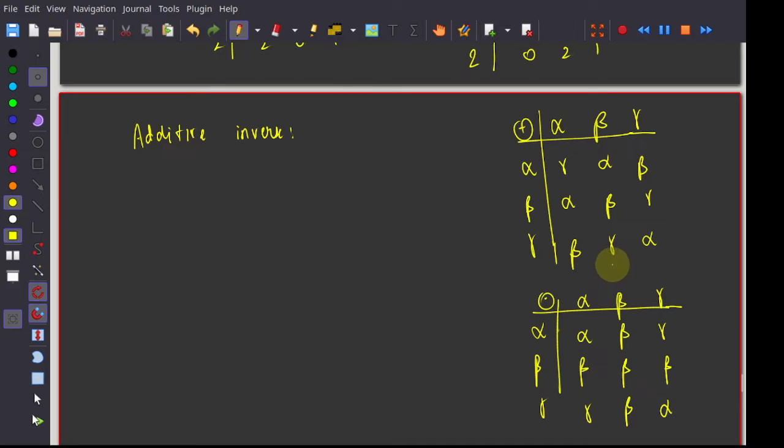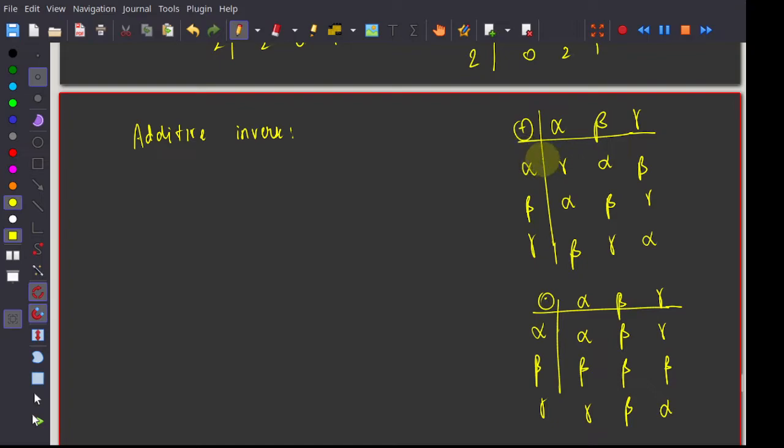Now, for this to be commutative, what should this array look like? It should be symmetric, right? As long as the array is symmetric, the operation is commutative. And in this case, both are symmetric. So that is fine.